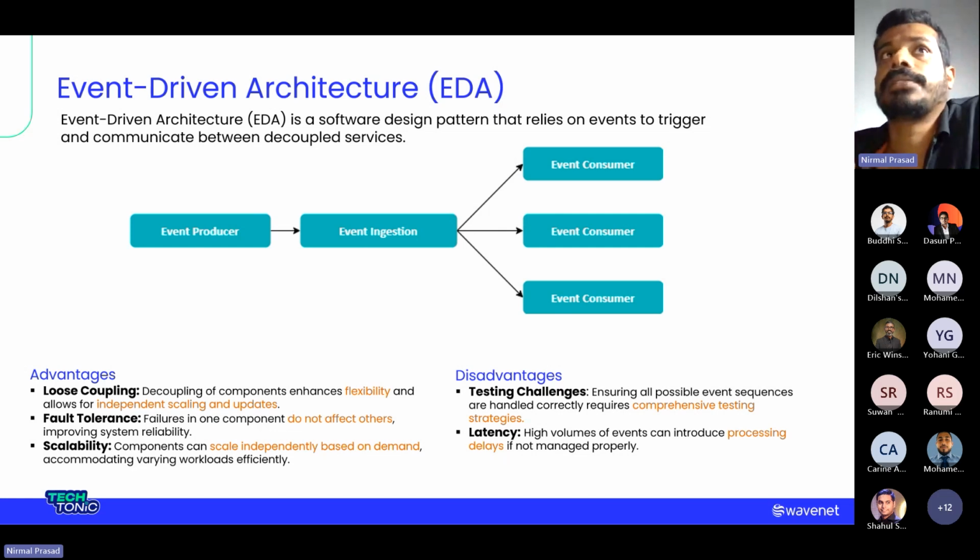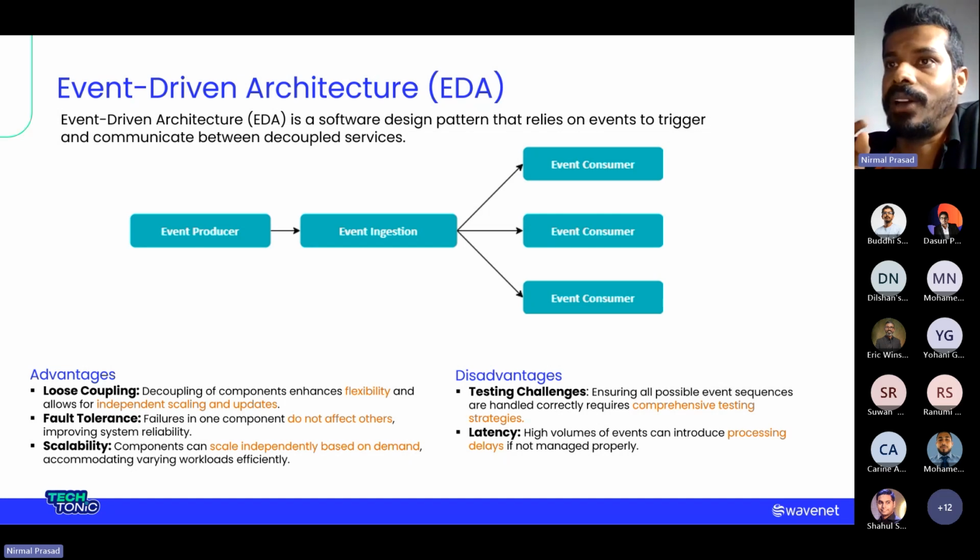Most of the time, this kind of event-driven architecture uses asynchronous communication, and that is the most suitable place to use it. If you have latency, you need to design the architecture properly.